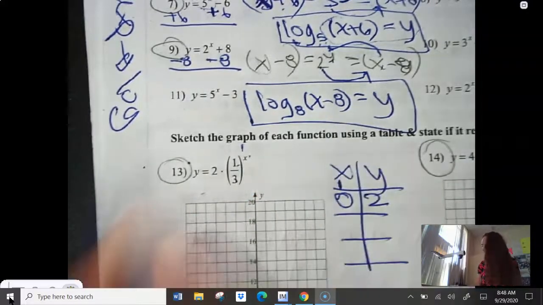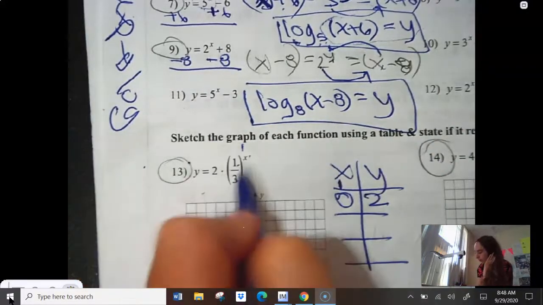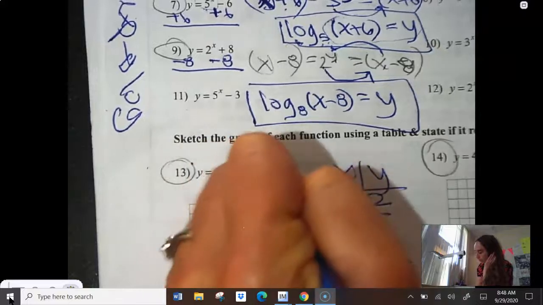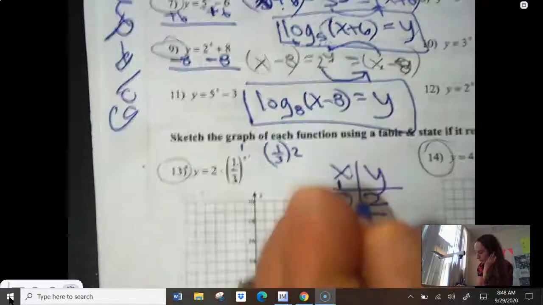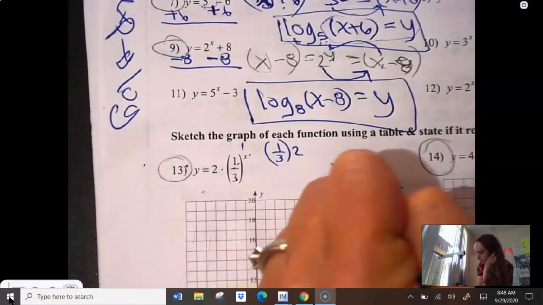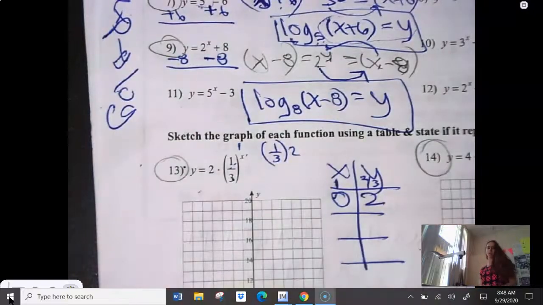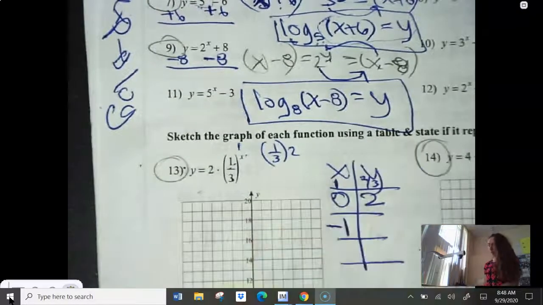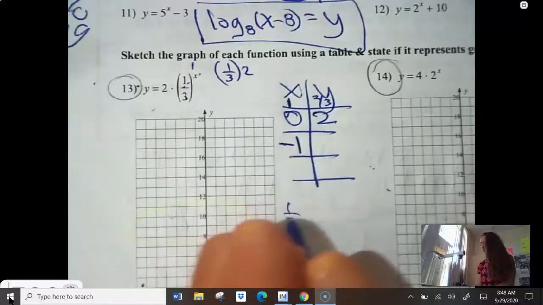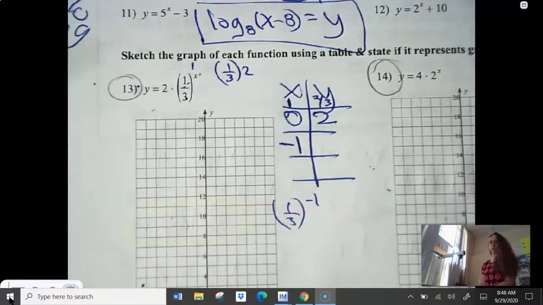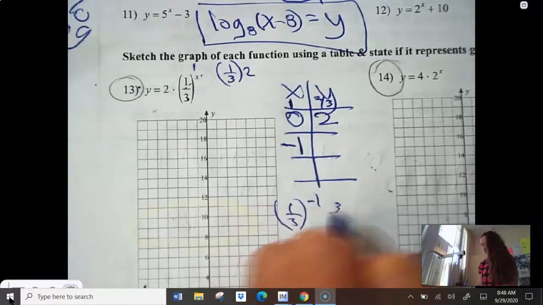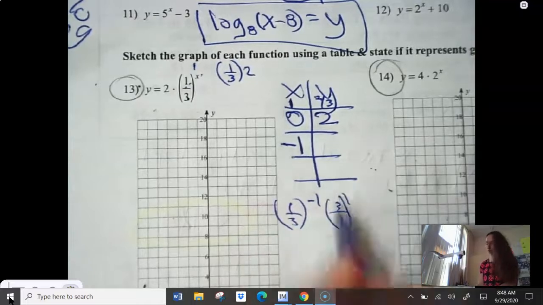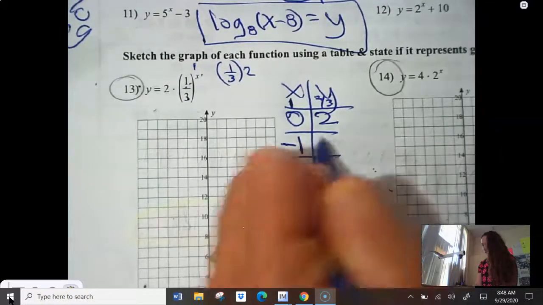If I go 1/3 to the first power, that's 1/3 times 2 is 2/3. I'm not going to be very good at graphing 2/3. But if I do negative 1, 1/3 to the negative 1, flip it, 3 over 1 to the first power, which is just 3 to the first, which is 3.